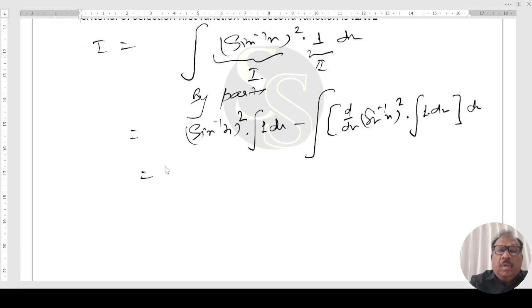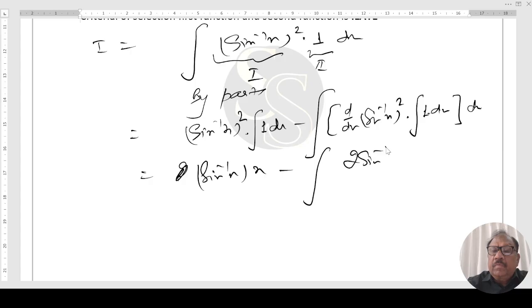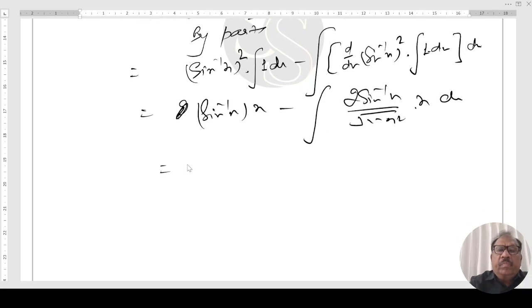Now, sine of inverse x into x minus 2 sine of inverse x into 1 minus x square into x dx. This comes out to the simplification.